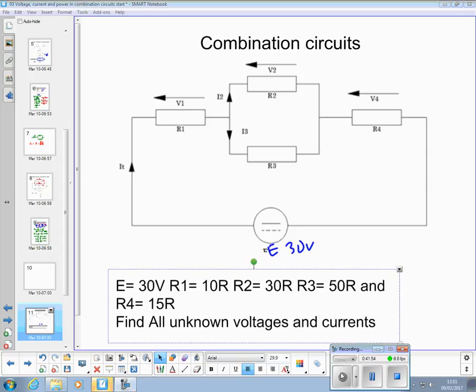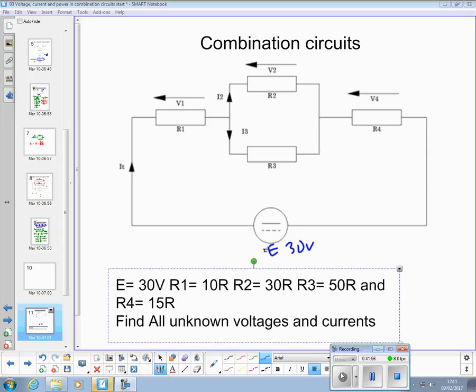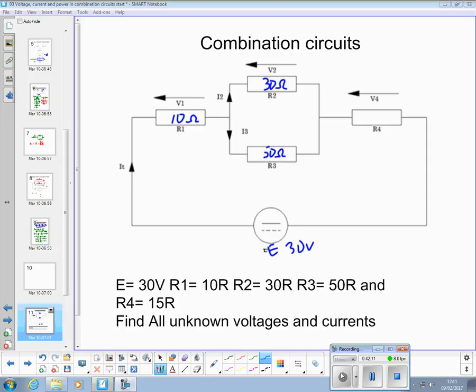R1, 10 ohms. R2, 30 ohms. R3, 50. And R4, 15. And the question says, find all unknown voltages and currents.